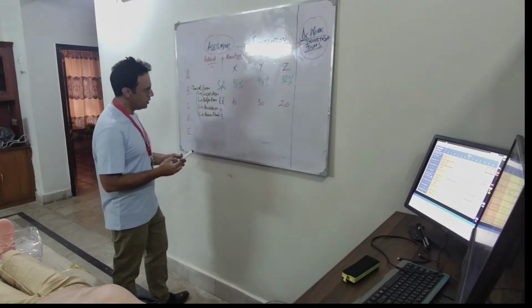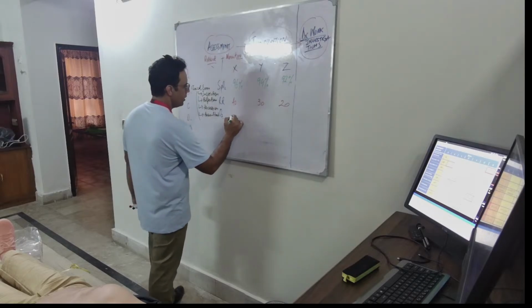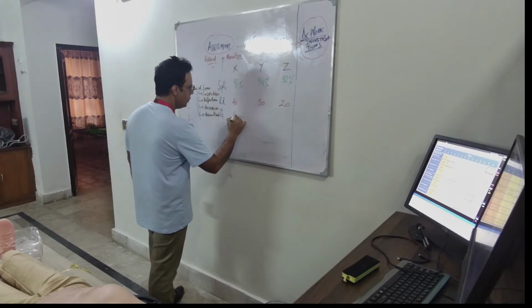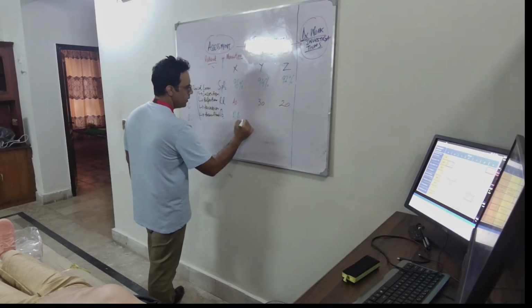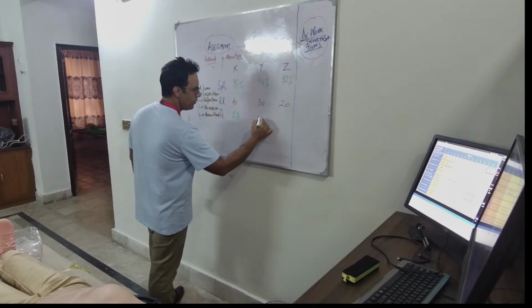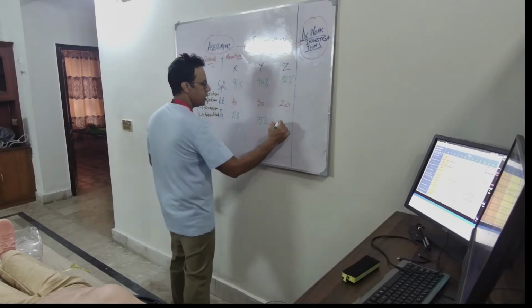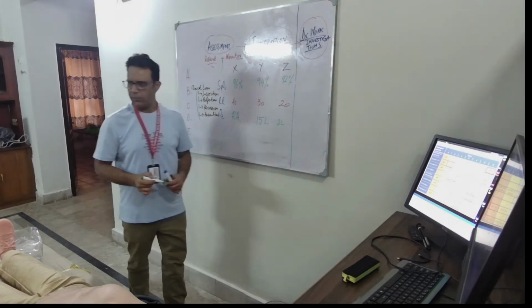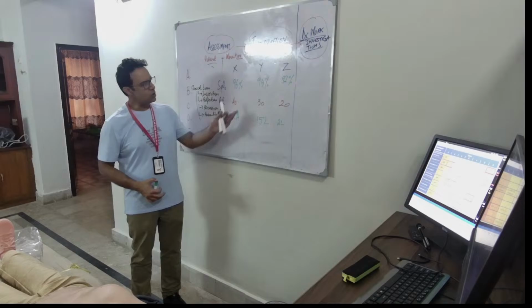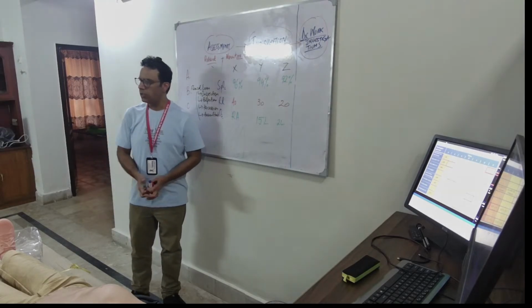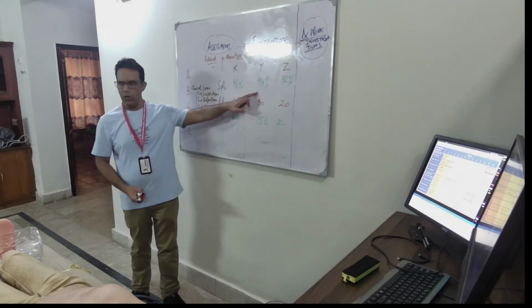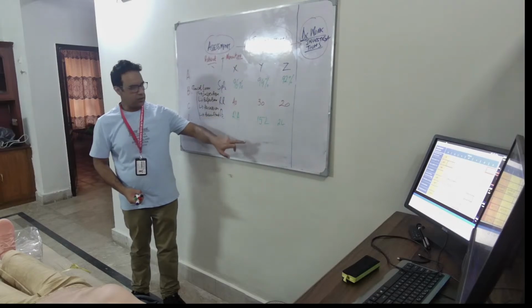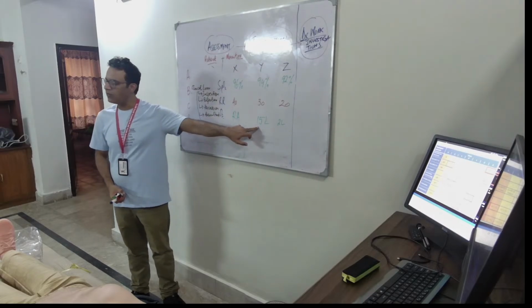Okay? Now, if I say that this patient is breathing on room air, this patient is requiring 50 liters and this patient is requiring 2 liters. Who is the most unwell patient? Mr. Y. Why? His oxygen saturation is low, he's breathing 30 times and he's requiring 15 liters of high flow oxygen.